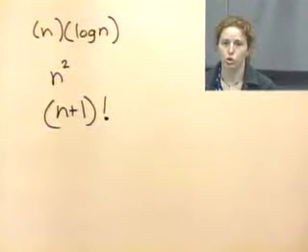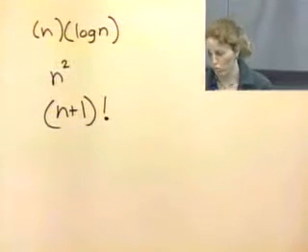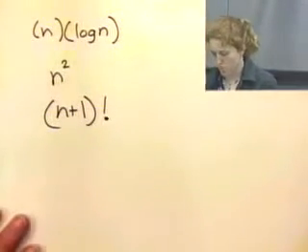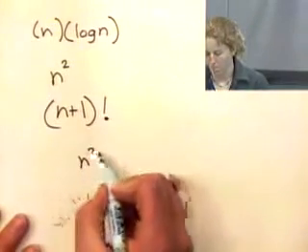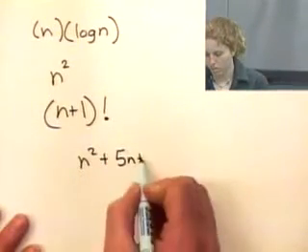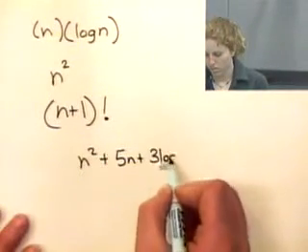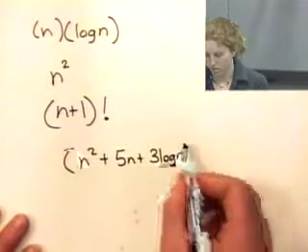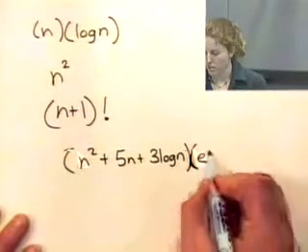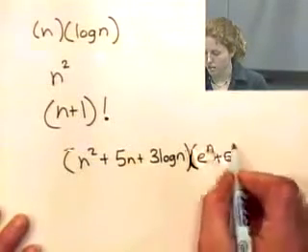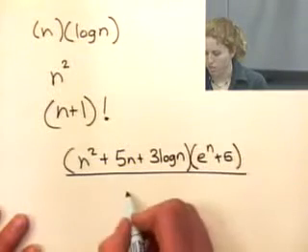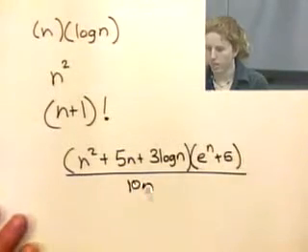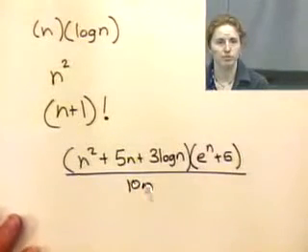Otherwise, I'm going to drop numbers and I'm going to drop any pluses that I have. So given that, let's figure out the big O of this function.